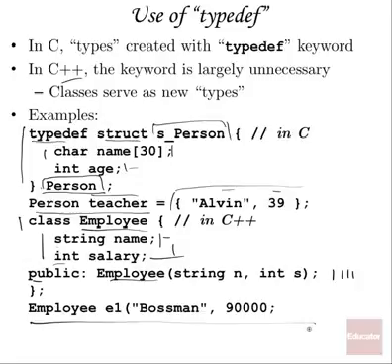Or the difference between in C++, the main difference between a struct and a class is a struct defaults to public, class defaults to private. So we can just do this right here. We can call this struct. Everything else remains the same. But in C, we didn't have this feature, so you needed a typedef in order to define a new type. That would be a structure or any other type of type.